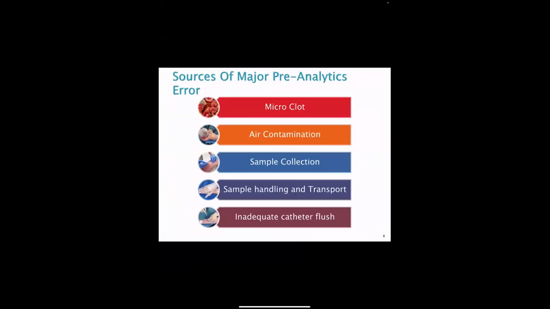So let's focus on the sources of the major pre-analytical errors. As you can see here: microclots and air contamination, and also the sample collection phase, sample handling and transport, and finally inadequate catheter flush.